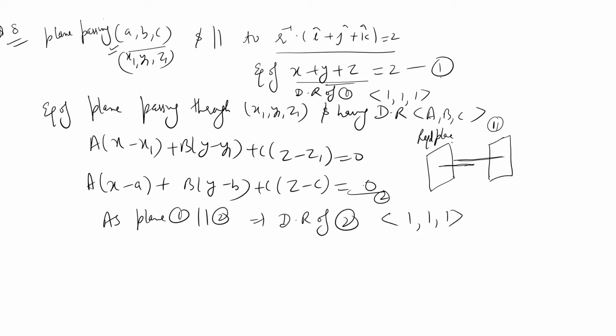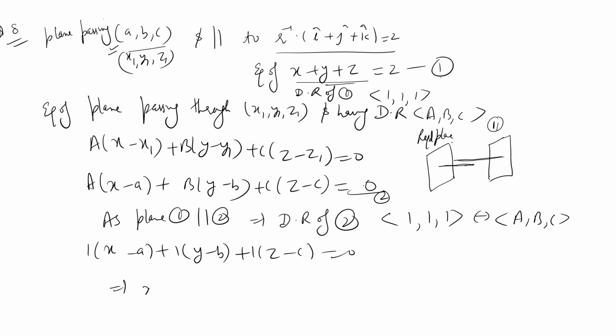So I will replace A, B, C by 1, 1, 1: 1(x - a) + 1(y - b) + 1(z - c) = 0. The equation will be x + y + z = a + b + c.